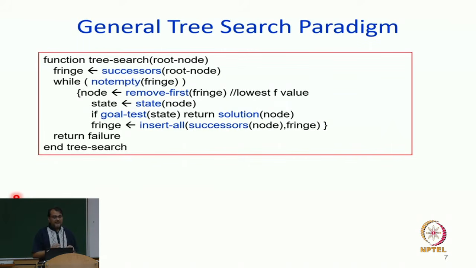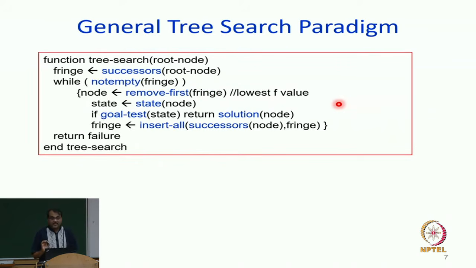So, this general tree search paradigm is: I have a fringe, initially the root is in the fringe, frontier, same thing. Now, while fringe is not empty, I take out some fringe node. Now, it uses remove first, and in the comments you can see it says lowest f value.